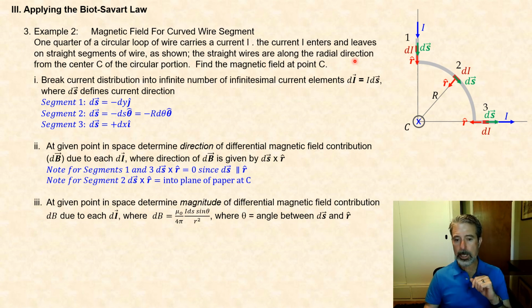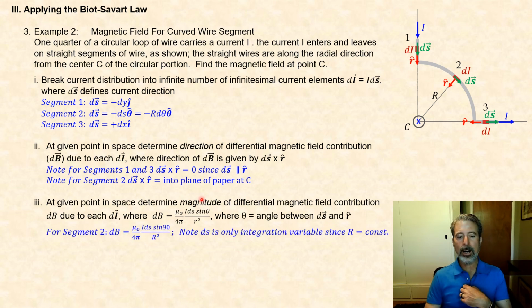So looking at segment 2, looking at this expression here, you'll notice that in I ds sine theta, there's a 90-degree angle between ds and r hat. And when you look at the magnitude, we're looking at the magnitude of ds times the magnitude of r hat, which is just 1, times the sine of 90.